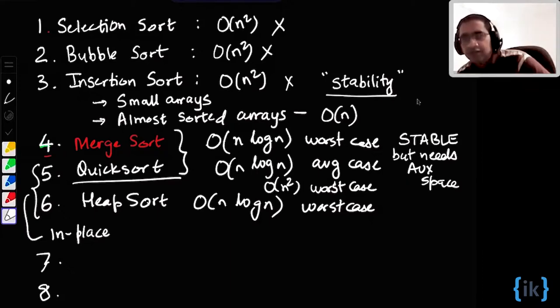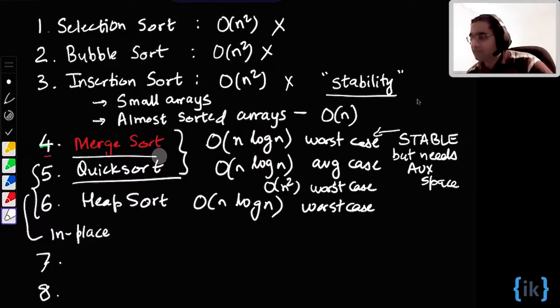Sujit? Yeah, so my question is, what is the trade-off between the space complexity and the time complexity? It's not clear, right? Because here you are using more space in merge sort, but if stability is needed, then there's no option.